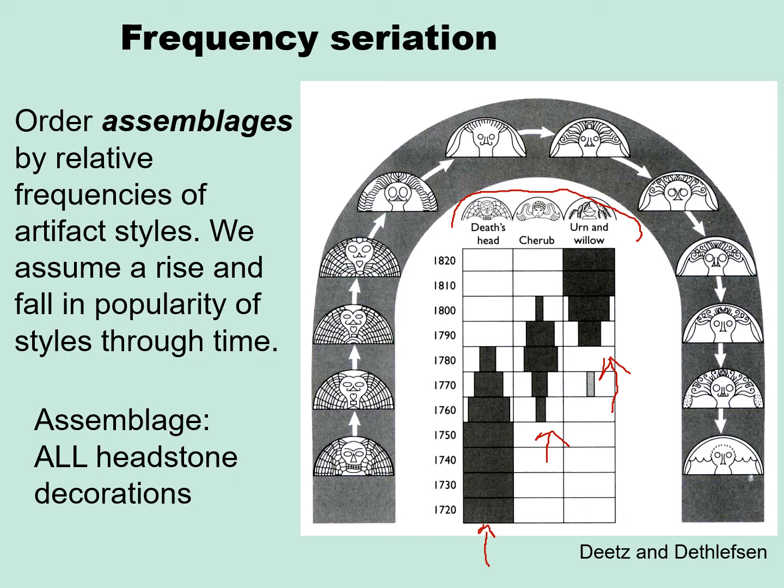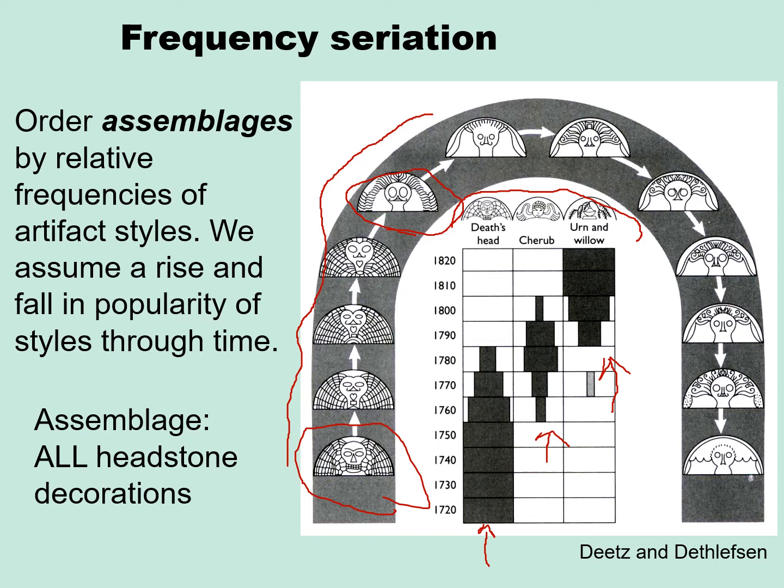But also it shows you along the edge here how the actual style of death's head changed through time. So it started out looking very much like a skull. But then it got more stylized. Here's my favorite one. It looks like Donald Duck.